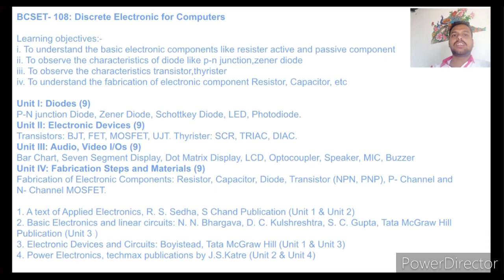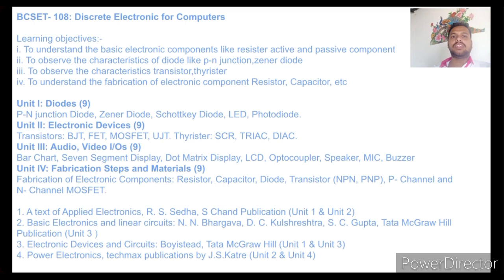Fourth, to understand the fabrication of electronic components, resistor, capacitor, inductor, diode, transistor, etc.